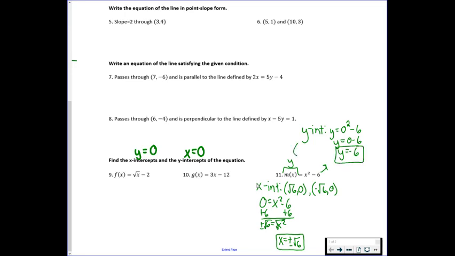And that's my ordered pair. 0 for the x, negative 6 for the y. And those are the x and y intercepts. Again, this is from section 1.3a. If you need to, go back and try those problems again, or go back to the quiz activity we did, the quiz online, and go through those problems, see if you can do them again.